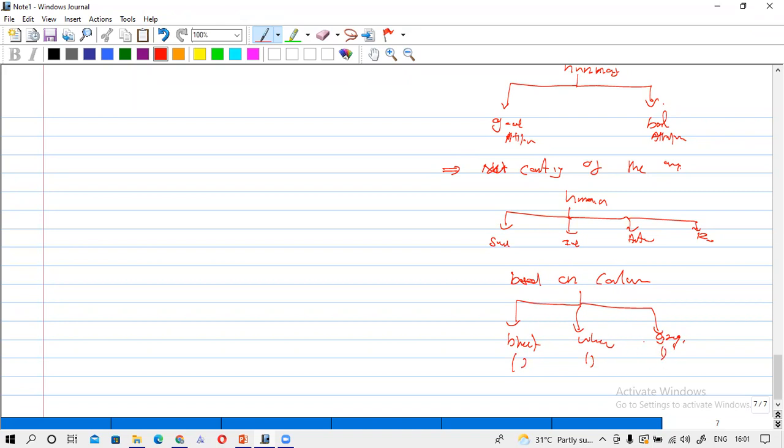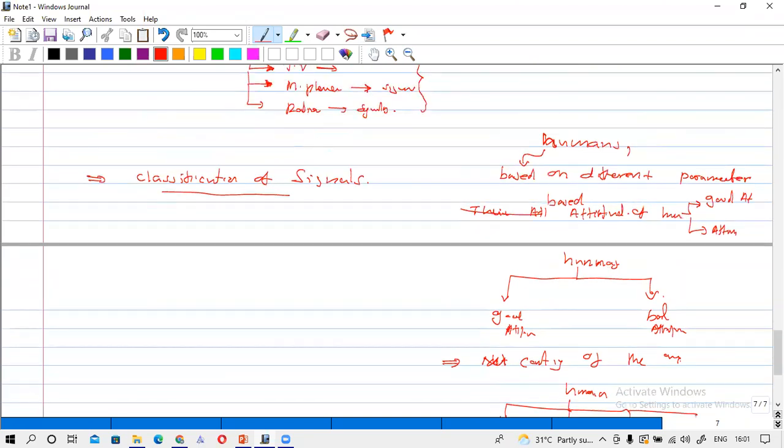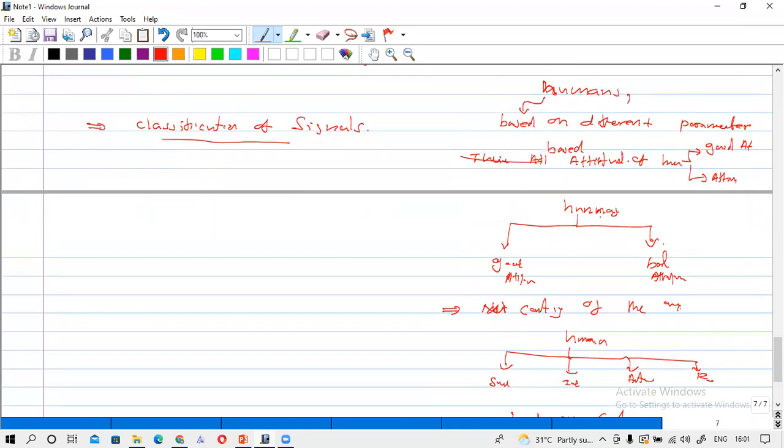So what can you understand here? If we are going to classify the people of the world, we don't have a standard hierarchy.